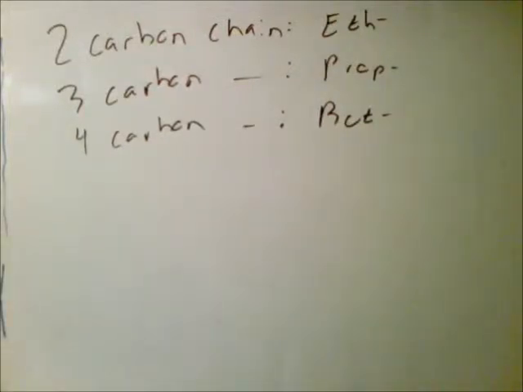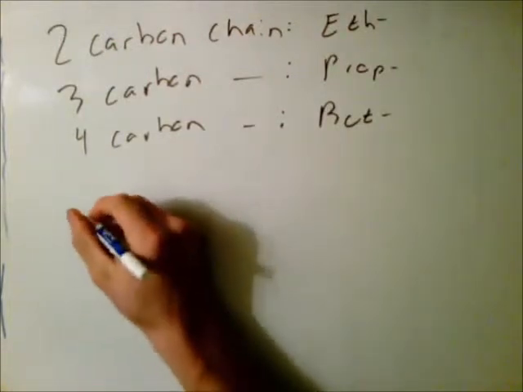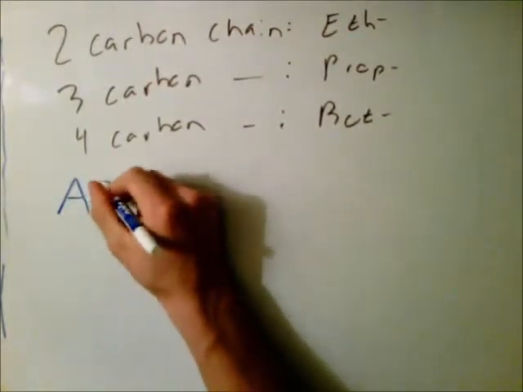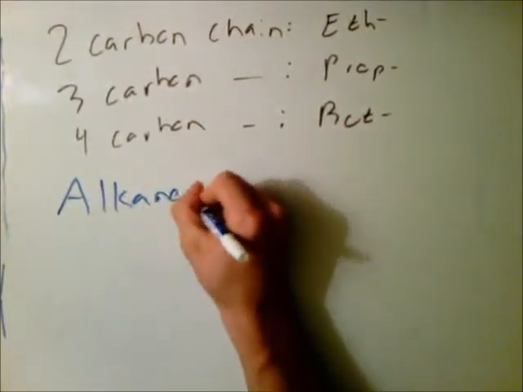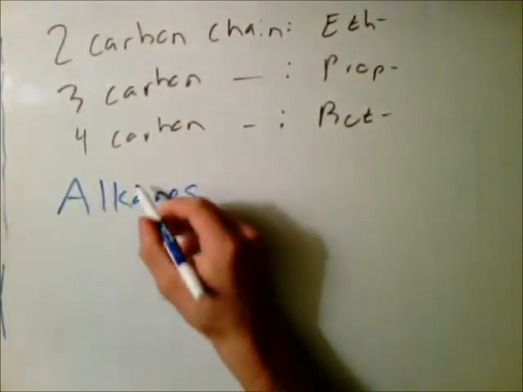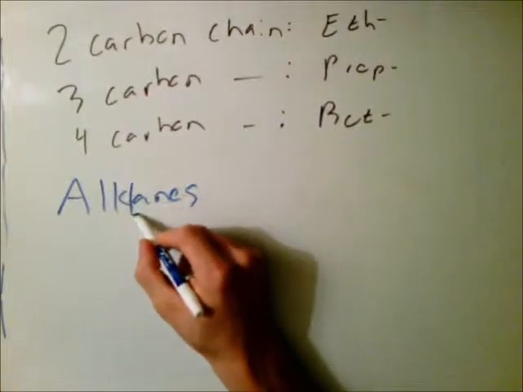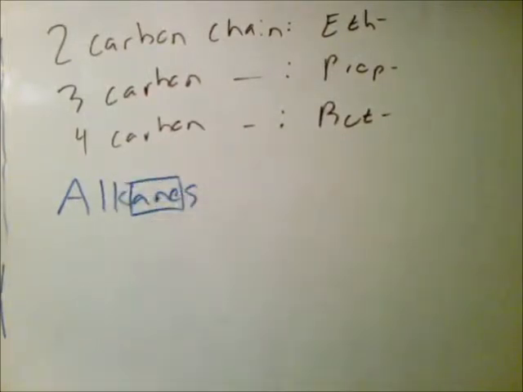So if we have carbons consisting of only single bonds between the carbons, those are called alkanes. In alkanes, the ane is actually our suffix that we would attach to the parent name.